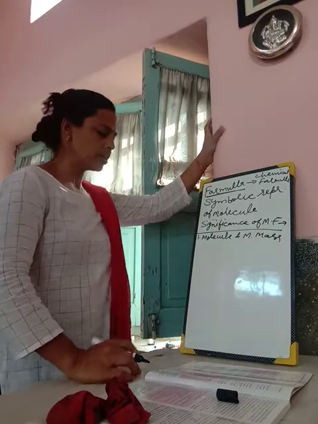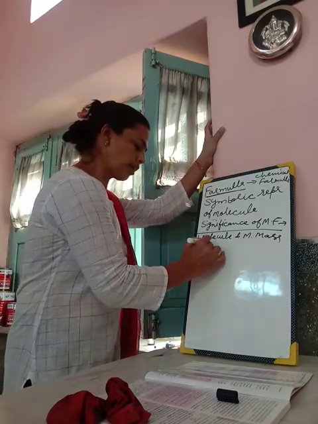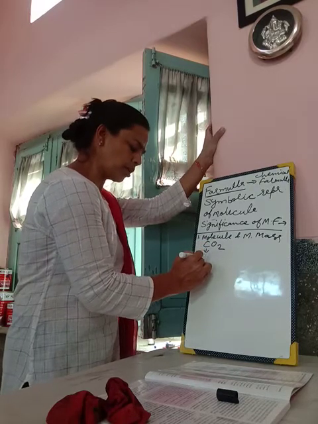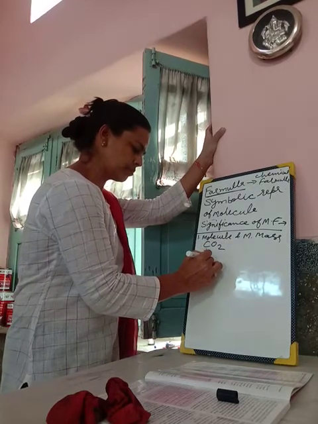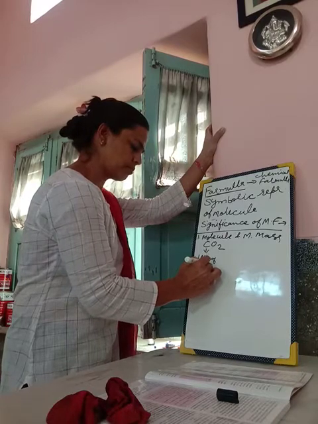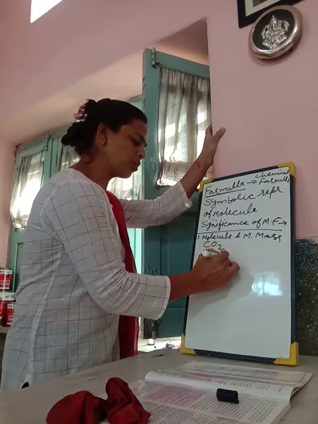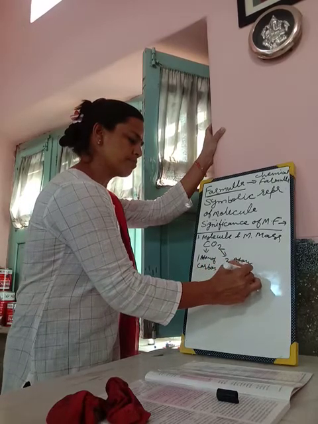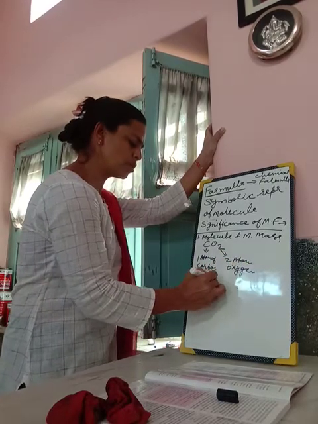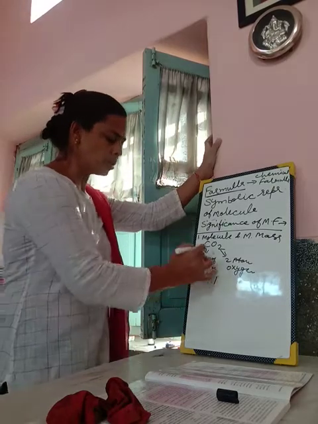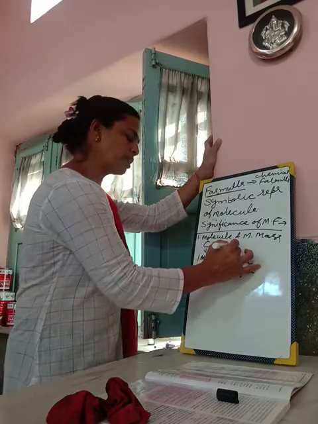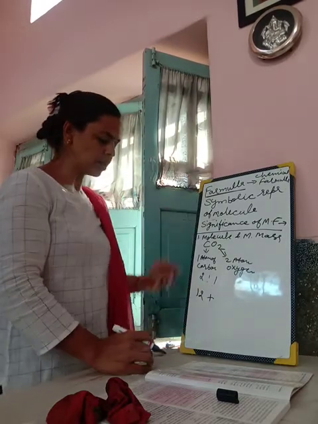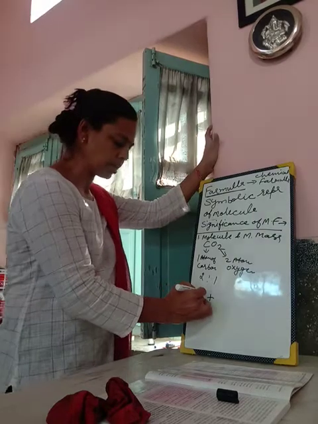Let's take the example of CO2: one atom of carbon and two atoms of oxygen. The atomic mass of carbon is 12 and there is 1 atom, so we multiply it by 1.